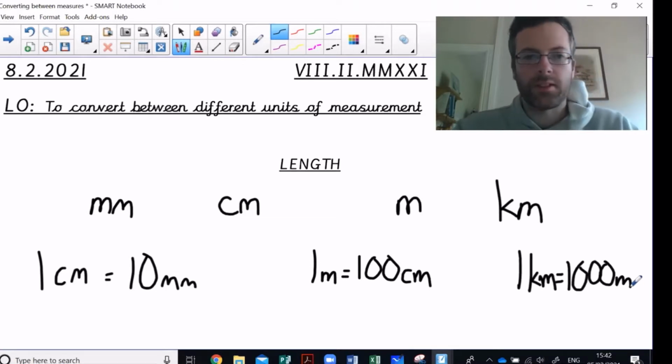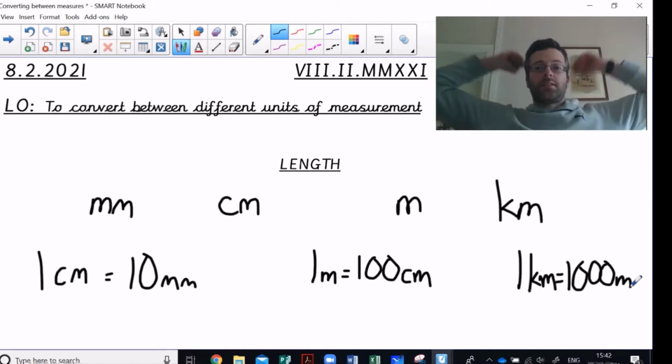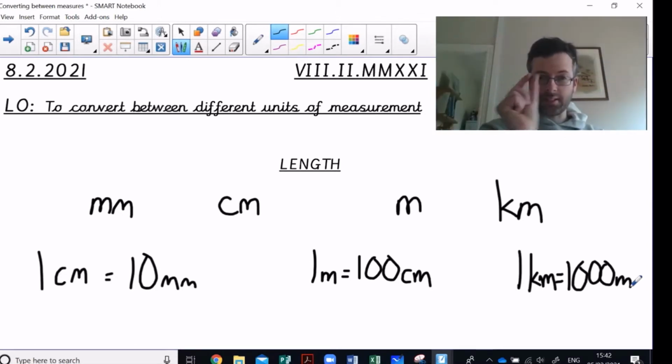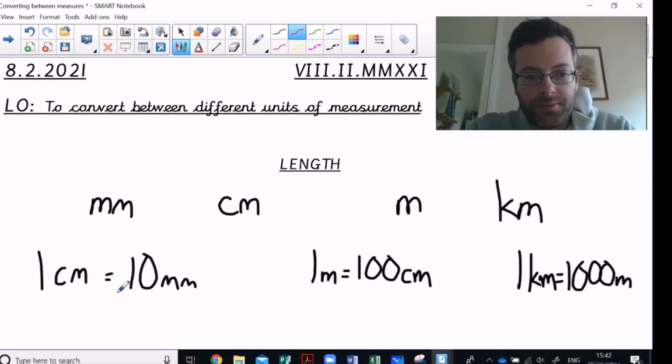You've probably heard me do this before, but I like to go millimeters, centimeters, meters, kilometers. So the important numbers we need to remember are 10, 100, 1,000, okay?